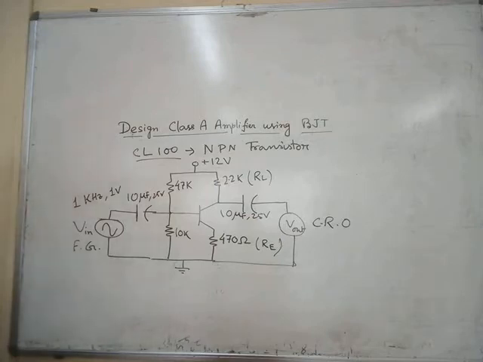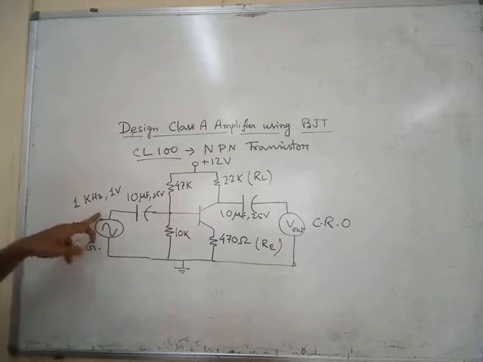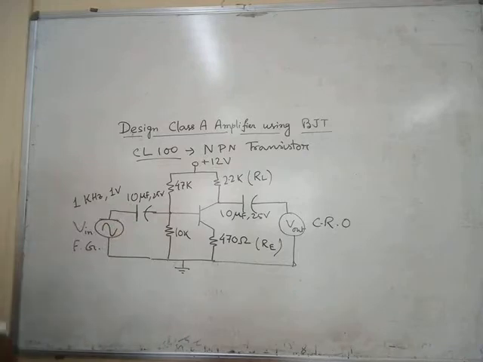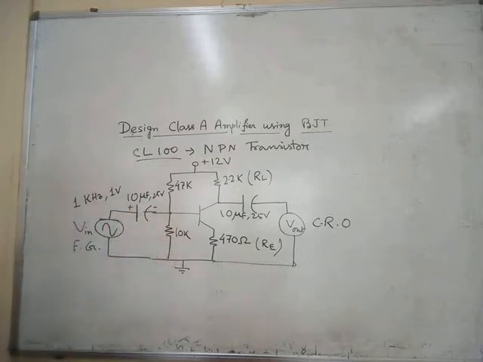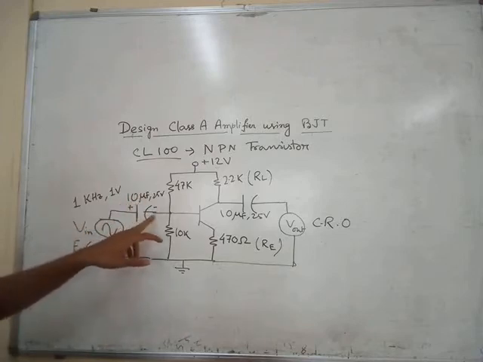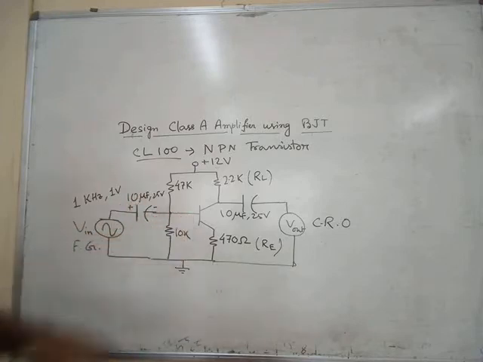So one by one I describe the circuit. First, we take the input signal to the positive part of the capacitor. It is positive and it is negative. Then the negative is connected to the base.